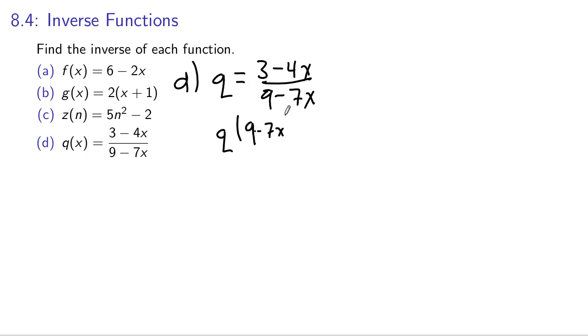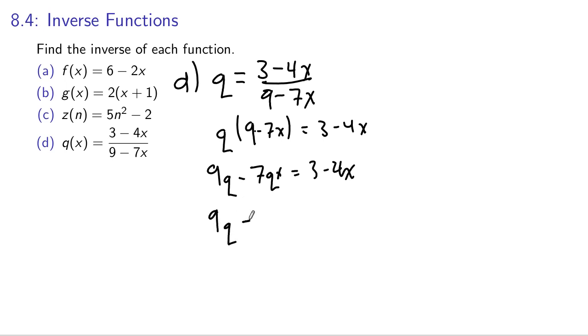the x's to where we can get all the x's on one side and all of the not x's on the other side. So we'll have 9 times Q minus 7Qx equals 3 minus 4x. Now getting the x's on one side, we have 9Q minus 3 is 7Qx minus 4x.